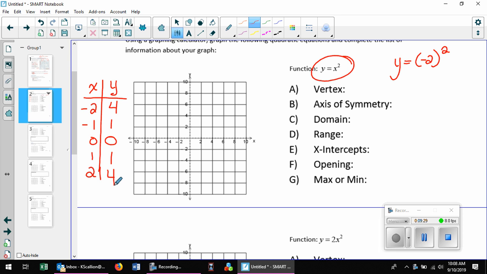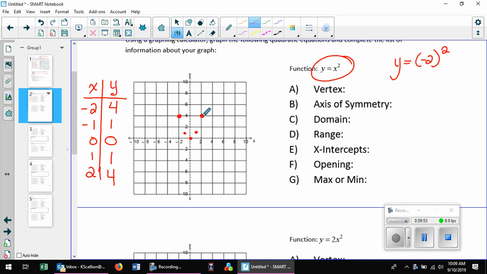Look at you guys. Brilliant. Okay, so now we're going to plot those points. I have -2 and +4. I have -1 and +1. What's your scale on these? 0, 0, then +1 and +1, 2 and 4. So I'm going to connect those with a smooth curve.